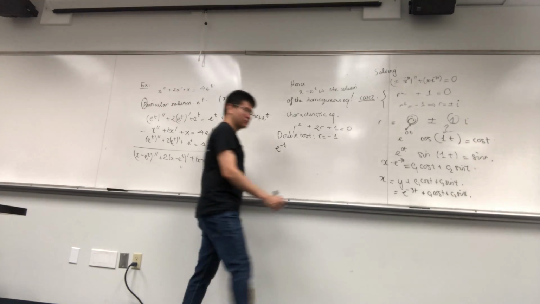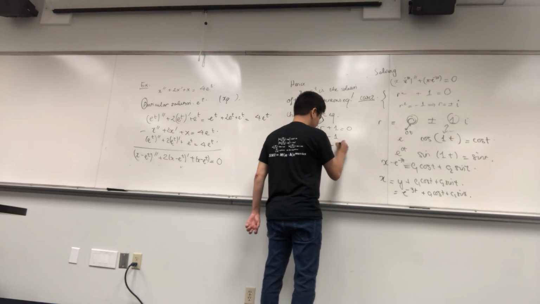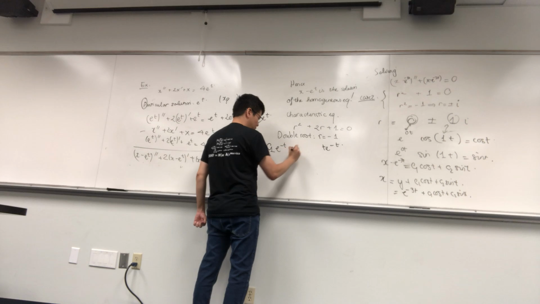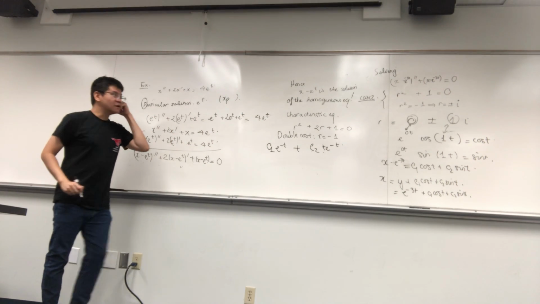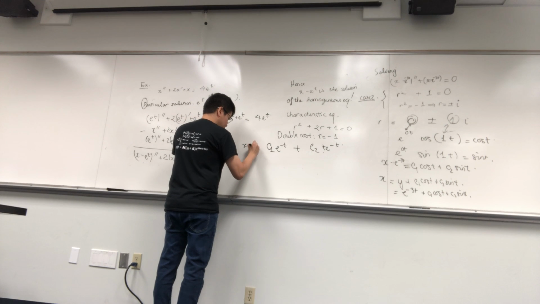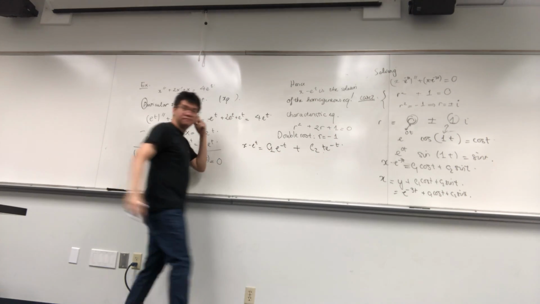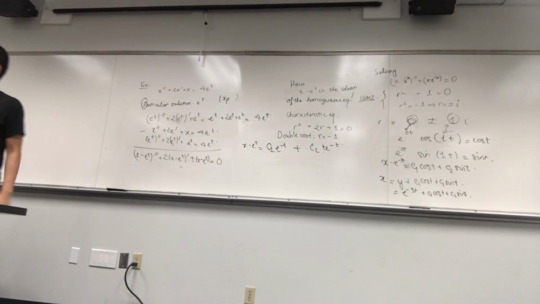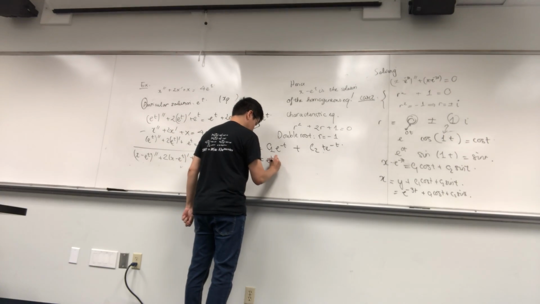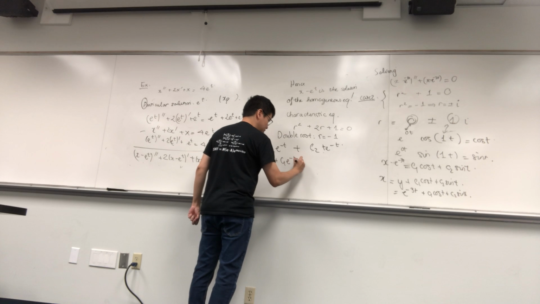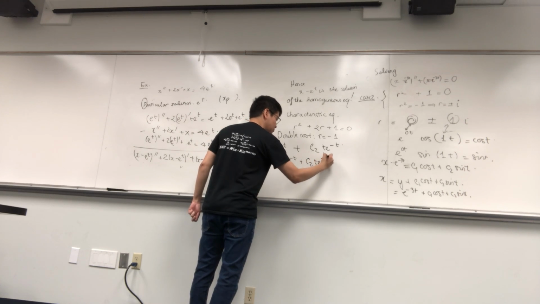And the second one will be t times e to the power minus t. In this case, you have c1 plus c2, right? Which means that x minus e to the t has to be of this form, right? And which means that x has to be equal to e to the t plus c1 e to the power minus t plus c2 t e to the power minus t.